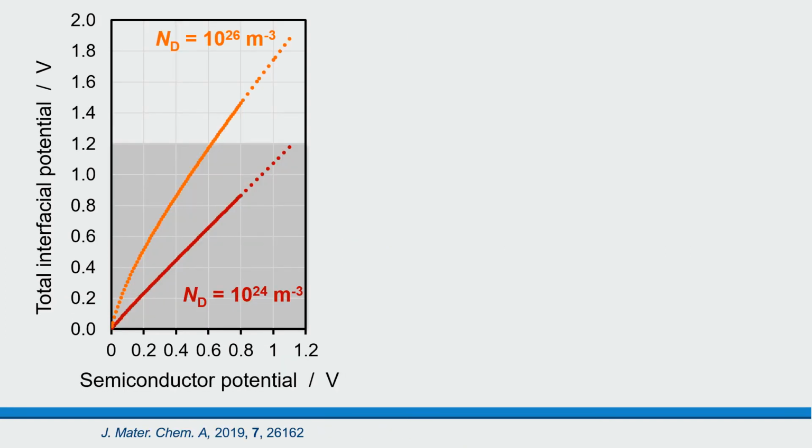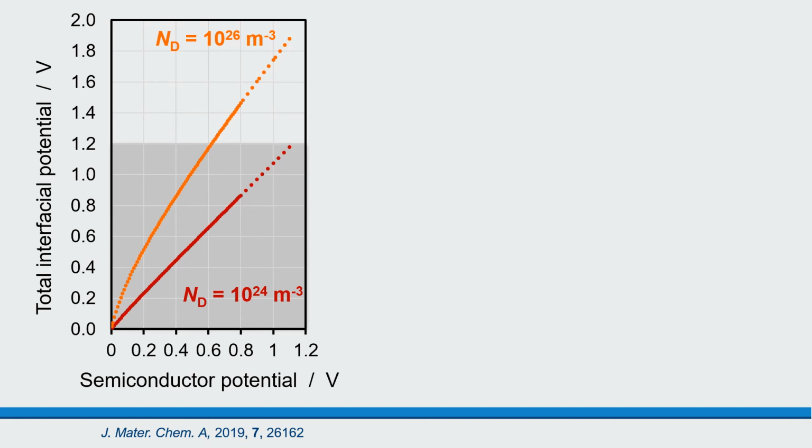This is just another way of showing the same thing as was shown on the previous slide. So on the x-axis here we have the semiconductor potential, and on the y-axis we have the actual total interfacial potential that has to be applied in order to achieve the potential drop across the semiconductor.